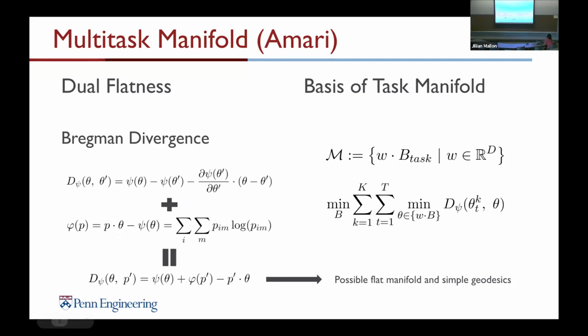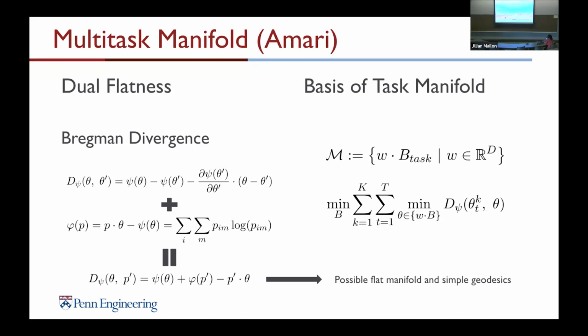At this point, we can observe that the third order derivative of the divergence, which is the affine connection between theta and p, equals 0 with respect to d theta squared dp. That means the affine connection will vanish.